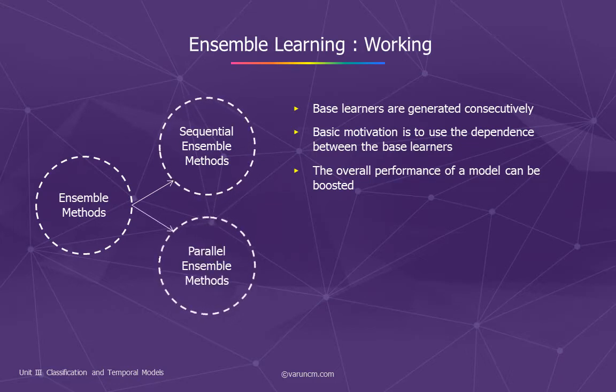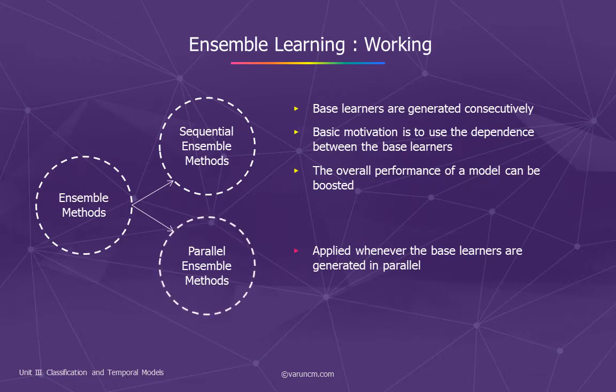Then coming to the next type, the parallel ensemble method. It can be applied whenever the base learners are generated in parallel. The best example for this is the random forest. In a random forest there are a number of decision trees performing their operations in a parallel way and generating the learning outcome in a parallel way.